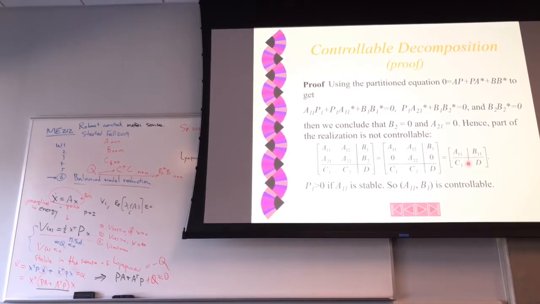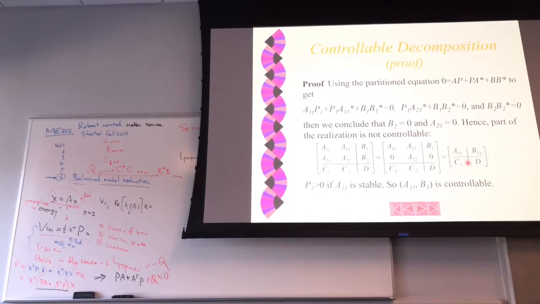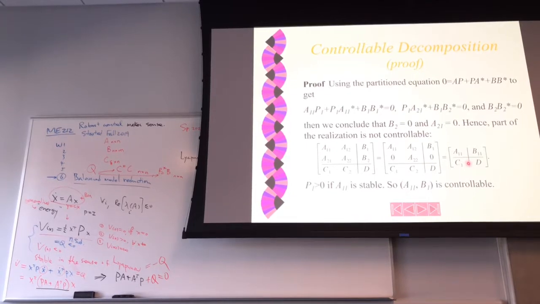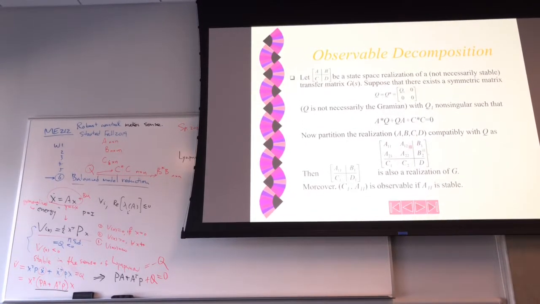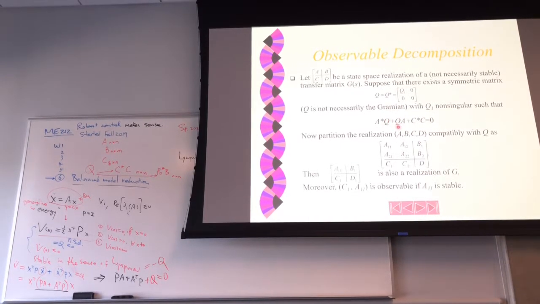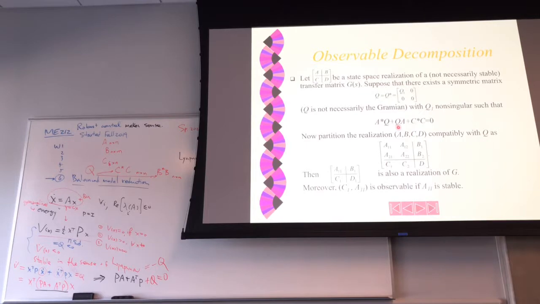So that's from non-minimum to minimum. Okay? The same thing we can do for observable decomposition. Okay, observable decomposition. And the reason is we have the C, then we can check my Q. You can solve the Q, but it may not be a Gramian.